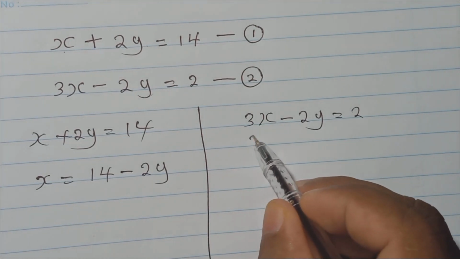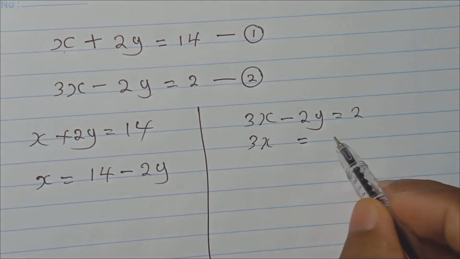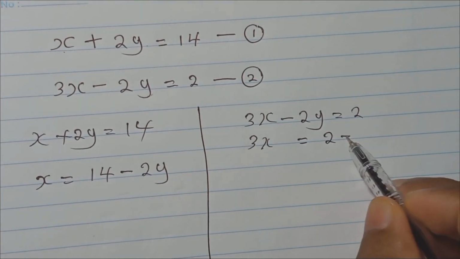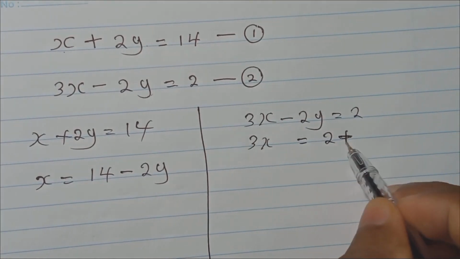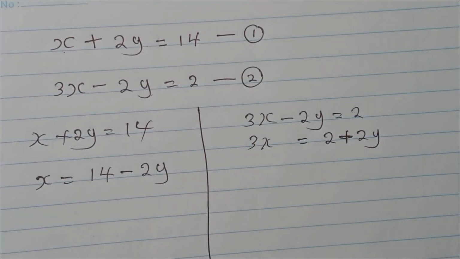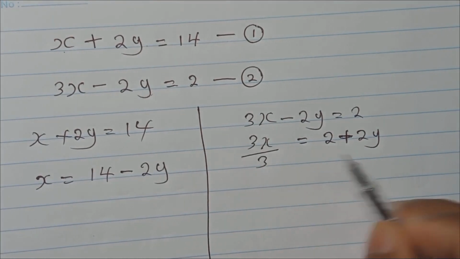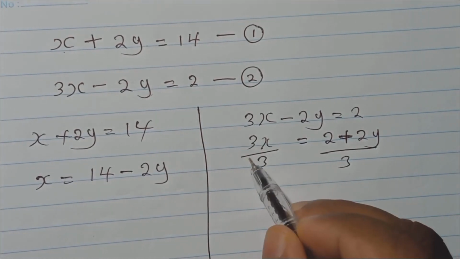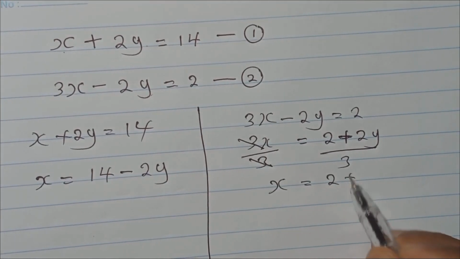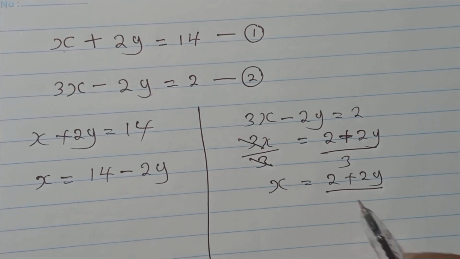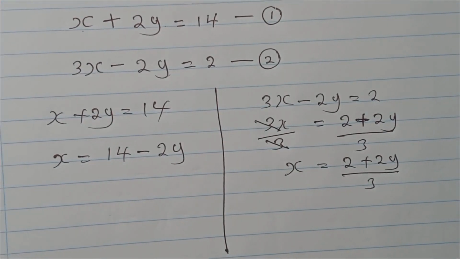So what I need to do here also, this minus 2 I bring to here, so it will be 2 plus 2y, when I bring to here it will be plus 2y. Now what I need to do to make x the subject, both sides divide by 3, so 3 to 3 cut, here you will have x equals 2 plus 2y over 3. Now you can see here also x subject, here also x subject.